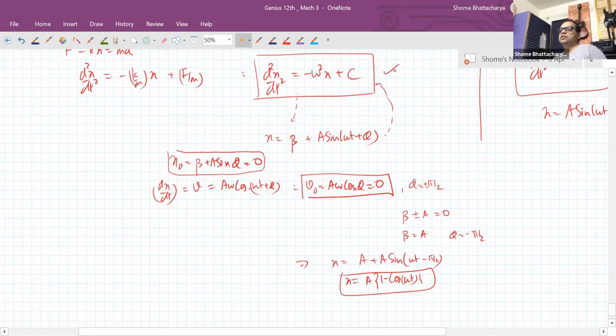The solution of this equation with the condition that initial x was 0 and initial velocity was 0, it gives this, which corresponds to this graph. Where x is varying between 0 and 2a.